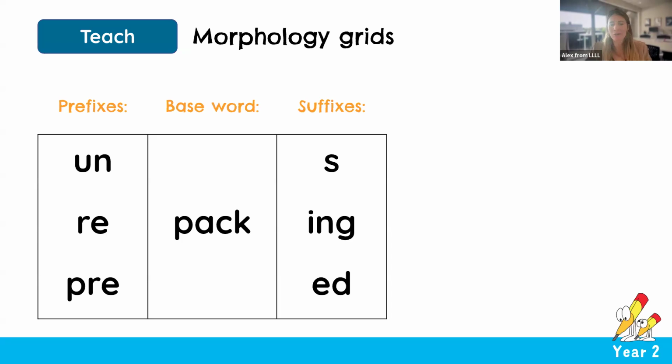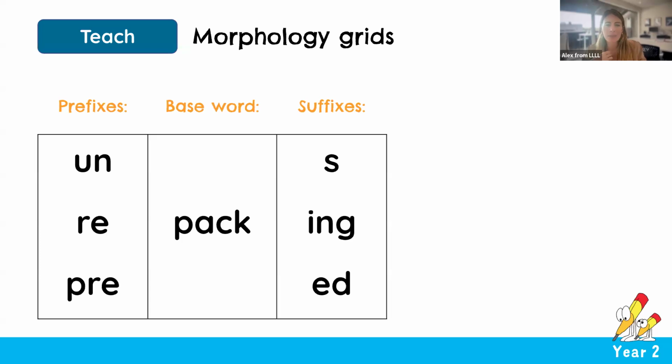Because we want students to be able to use all of those prefixes as and when we learn them. So in this example, we bring back un, which was taught in stage 7.1 in year 1, and children relearn un or revise and use it alongside re and pre as the 3 prefixes they've learnt to date.